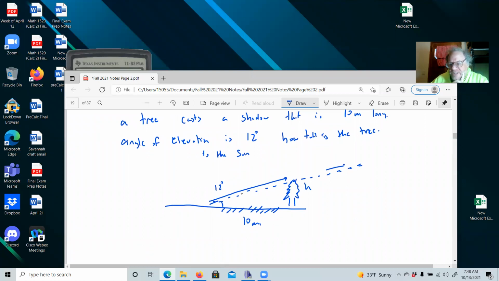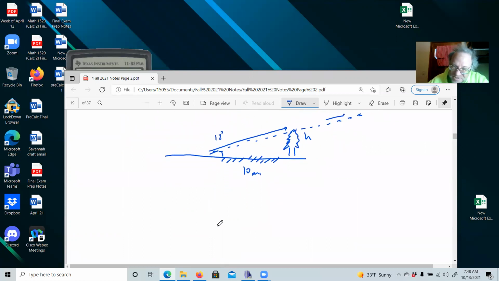How tall is the tree? We need to know that, H. Can you think of a trig function that relates the opposite and the adjacent sides to an angle? Wait, I think that's cotangent. Well, technically it is, but nobody uses cotangent. Use tangent. The tangent of an angle is equal to the opposite side over the adjacent side.